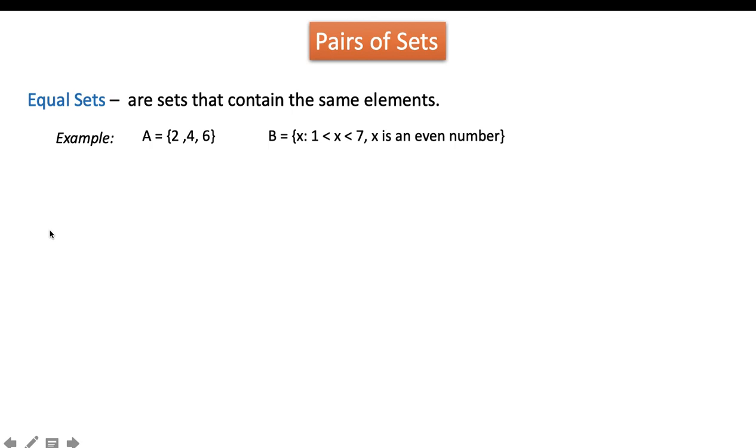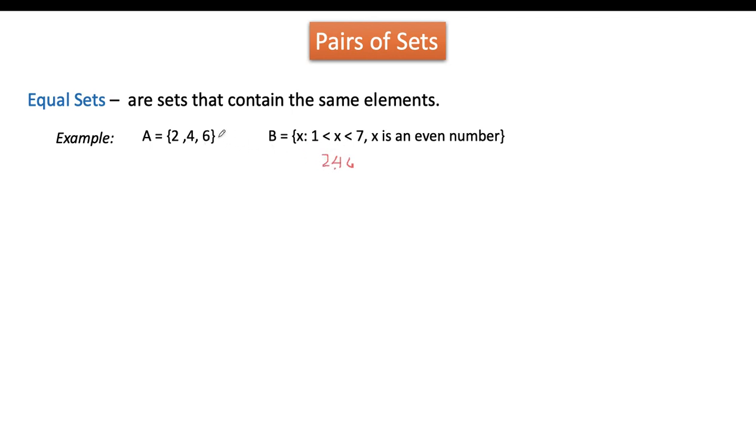If we write the elements in set B, when you say even numbers, these are numbers that end in 0, 2, 4, 6, 8. These even numbers located between 1 and 7 are 2, 4, 6. 8 is more than 7, so it is not included here.